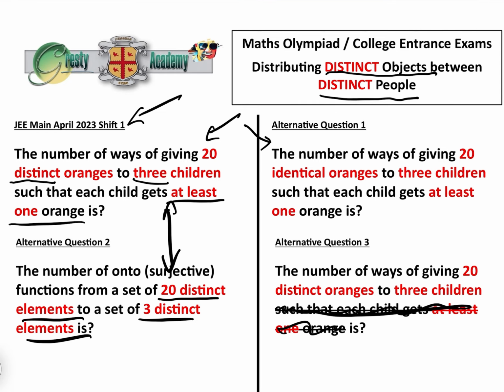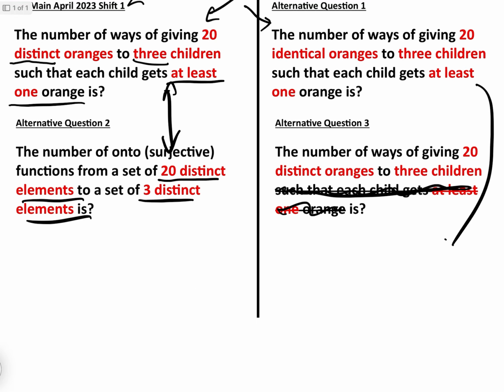First of all, let's have a look at alternative question 1, which is the one that most people think is how to answer the actual question, and it's simple stars and bars, and we've done that before in a few Gresty Academy videos.